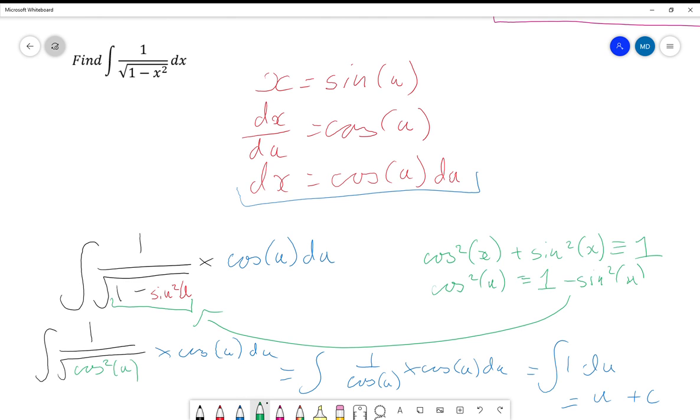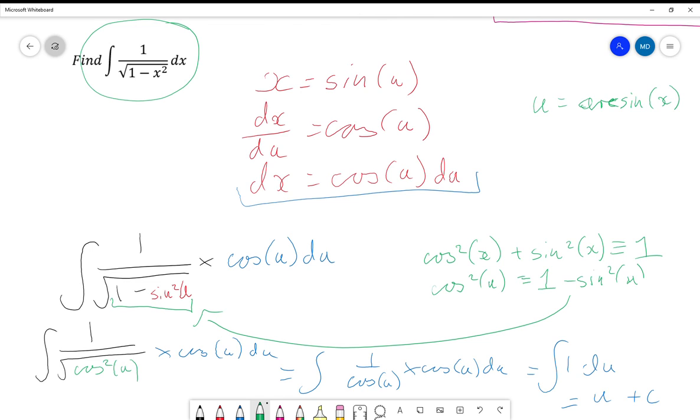But that's not good enough, because we didn't want our answer to be in terms of u, we wanted it in x. This is an integral in terms of x. So we need to actually return u to being in terms of x. Well, if x equals sine u, that must mean u is equal to the inverse sine of x, or arc sine of x. That's a c, not an e. Arc sine of x.